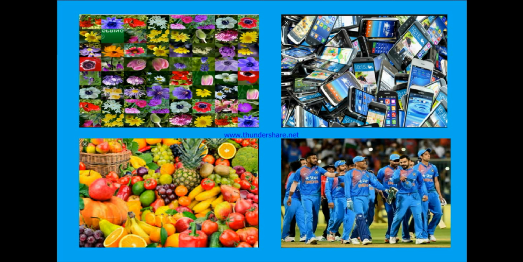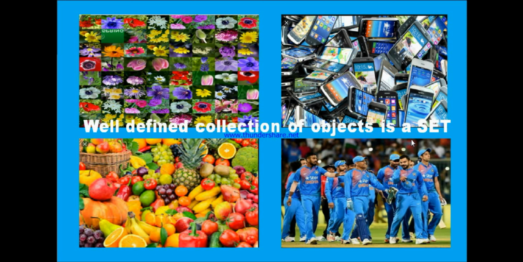Now you see, all these four cases are well-defined collections. Therefore, these four are called sets. A well-defined collection of objects is called a set.